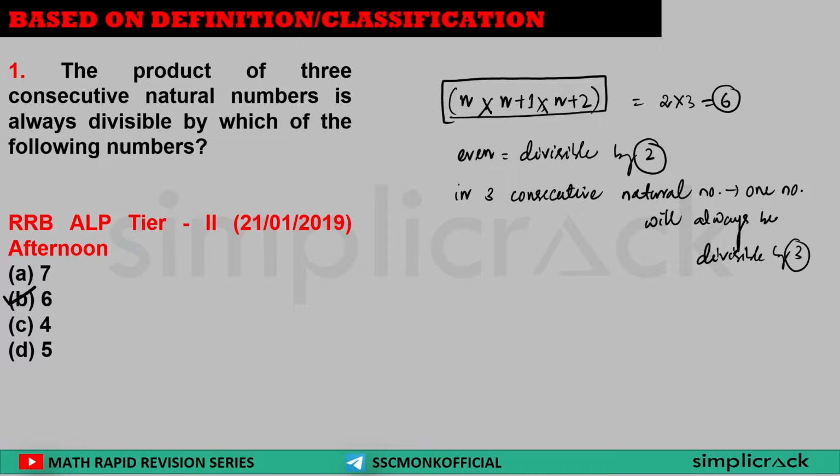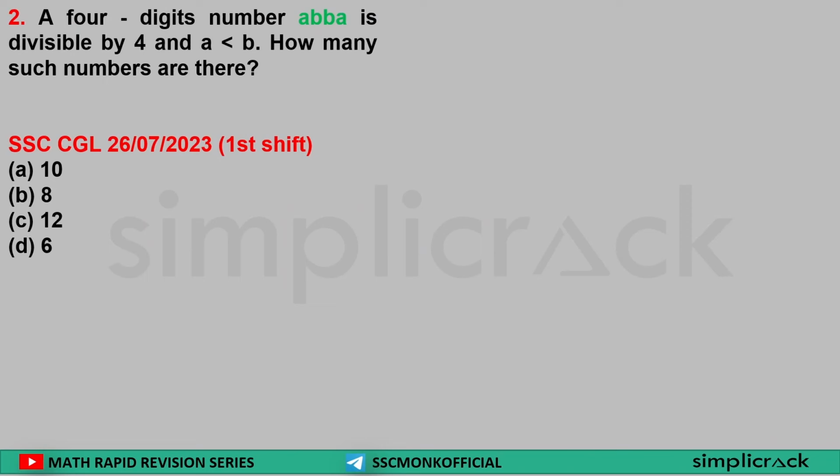Clear? Next, a 4-digit number ABBA is divisible by 4 and A is smaller than B. Now, when we are talking about divisibility by 4, that means the last two digits should be divisible by 4. Yes or no?